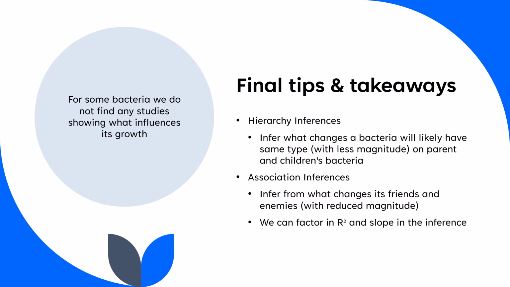We can do a hierarchy inference, which is basically saying that take a particular bacteria, and whatever its parents and children are will probably, keyword, not guaranteed, probably have the same type of impact, but we probably want to diminish it. For example, if you're talking about a genus like Lactobacillus, its parent bacteria is probably going to be influenced in a similar way. Because why?